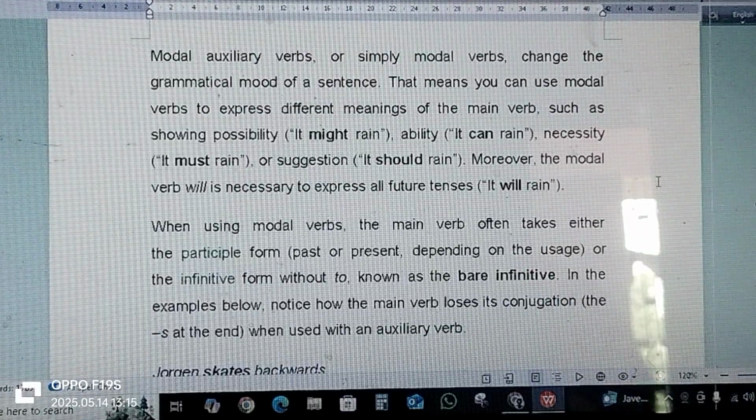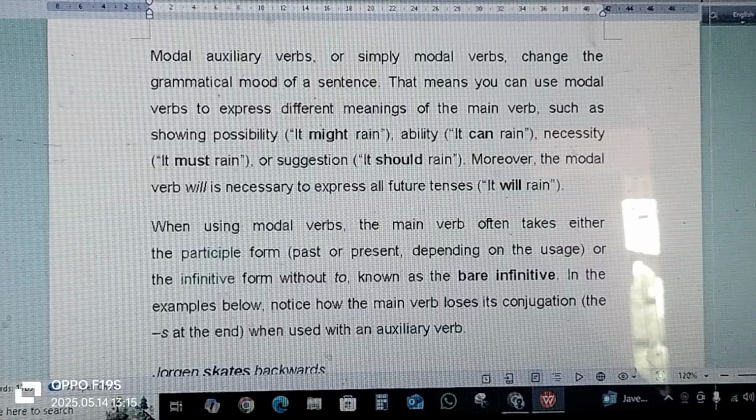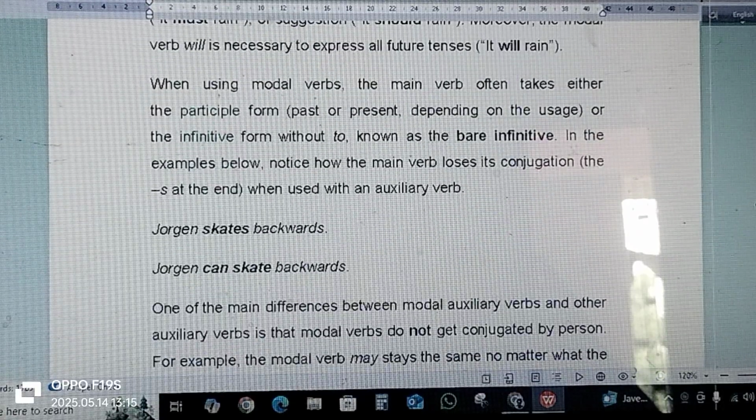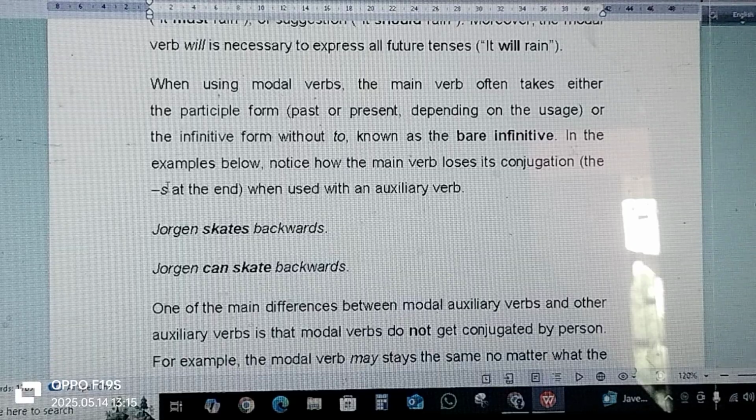In the examples below, notice how the main verb loses its conjugation while using modal verbs, the s at the end, when used with an auxiliary verb.